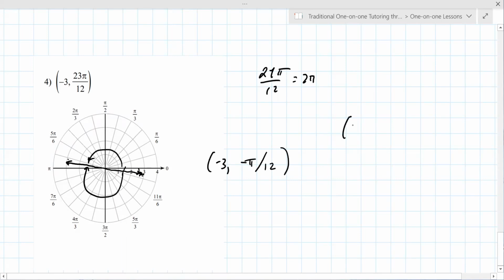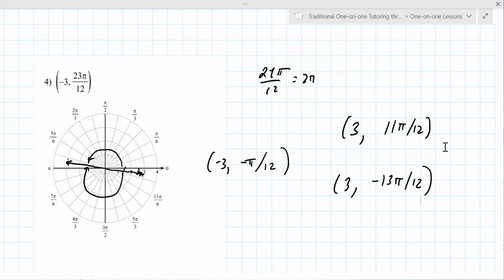The positive ones are usually easier to do. So for the positive one, you're going just short of pi, but because the denominator is 12, you go one less than that, 11 pi over 12. Now for the negative direction, it's negative 13 pi over 12. So there are always 4 ways to get to the same point, I guess that's the reason for this problem. Okay. All right, so I'm good with that.